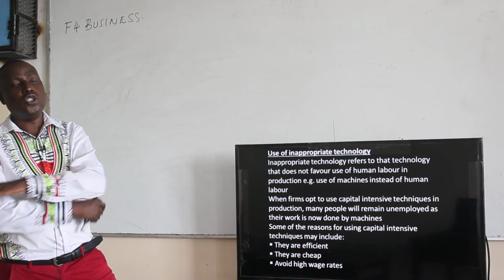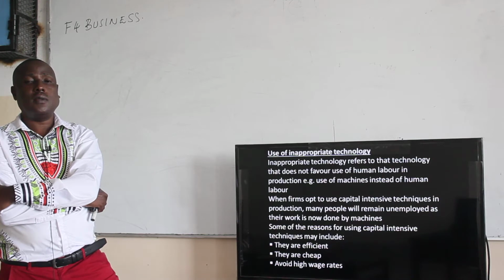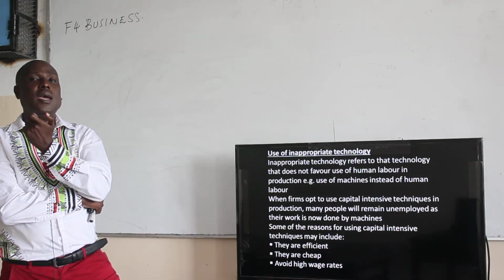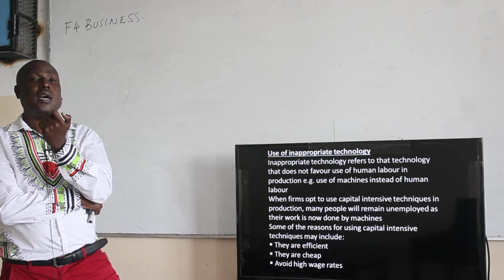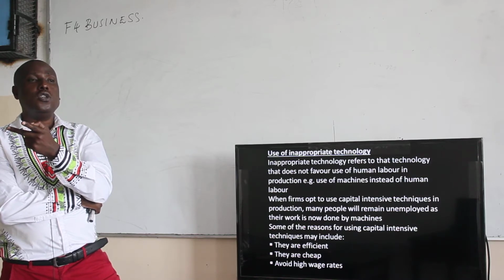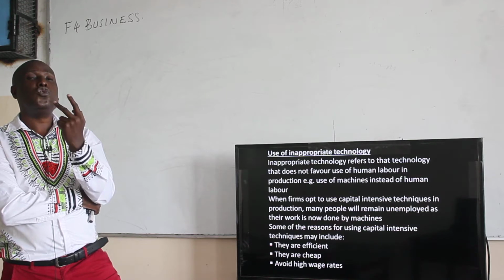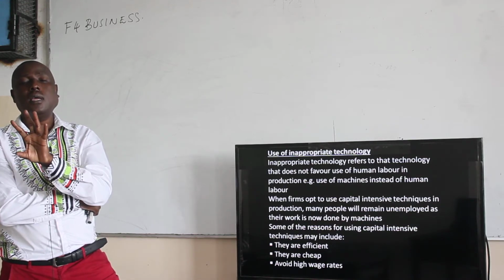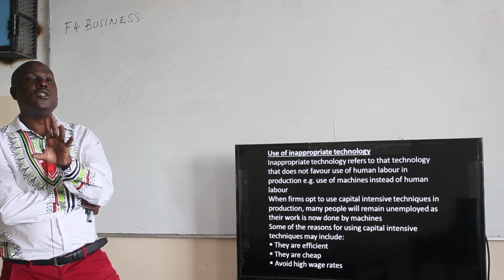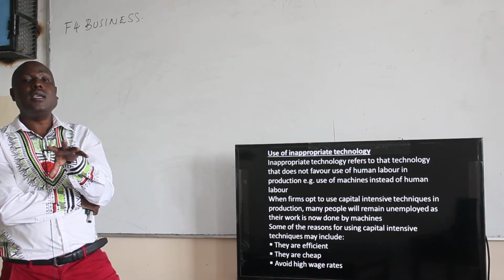If you are importing a ship full of oil, maybe 1 million liters, you need very many tankers, and every tanker needs 2 people, the driver and the loader. So if you need 200 trucks, that is 400 people. But if you use the pipeline, maybe a maximum of 10 people work in the office. So this one is capital intensive.